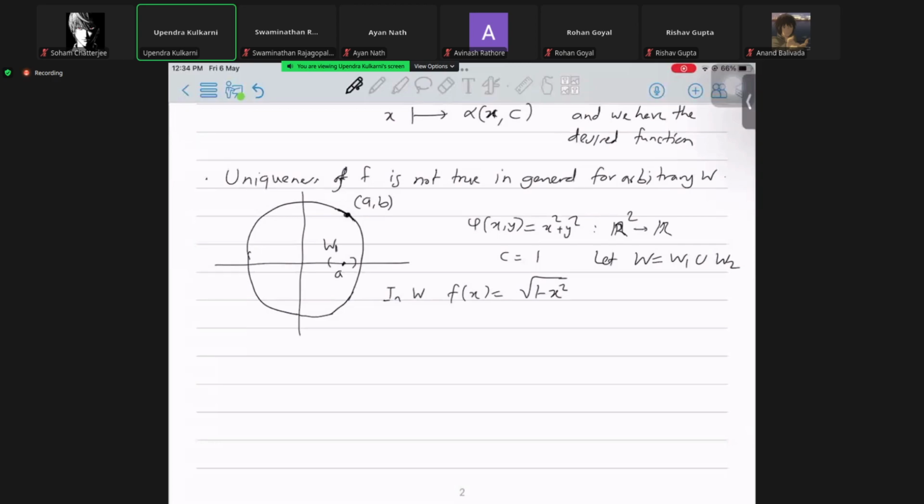This is W1, and I just do some absurd thing. So W is the union of W1 and W2. And now you see what is going to happen. But for x in W2, do you see what's happening?